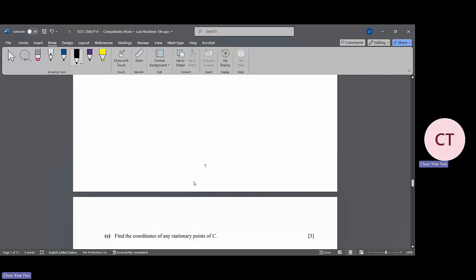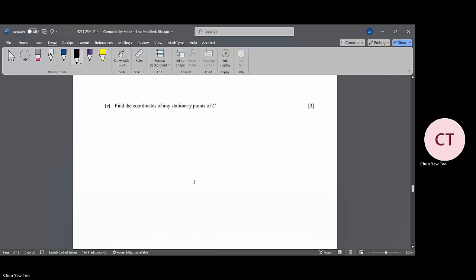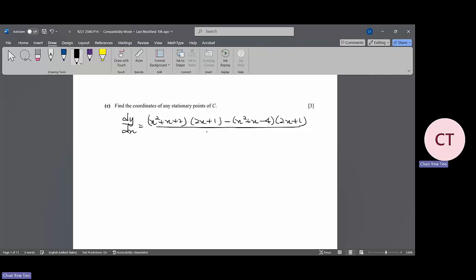Done already. Now we move on to C, the stationary point. To find the stationary point, we have to differentiate, no choice. Keep the bottom, differentiate the top, minus keep the top, differentiate the bottom, divided by the bottom squared. We factorize 2x plus 1 out because it's a common factor.